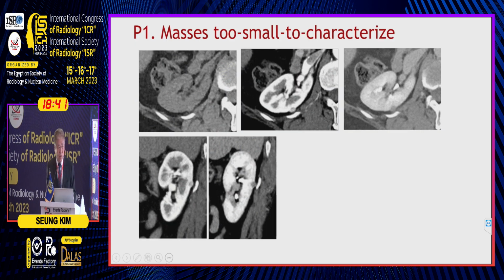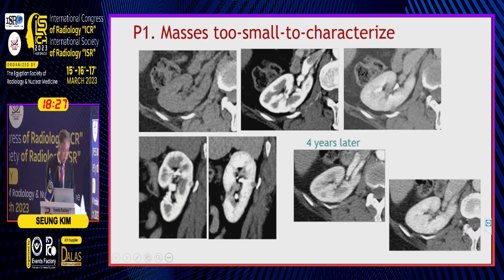The problem one, when the masses are too small to characterize, we have a problem like in this patient. Here's a mass in the kidney in the posterior portion, and in the early phase it looks like a little bit of enhancement there, and in this late phase the mass is here.